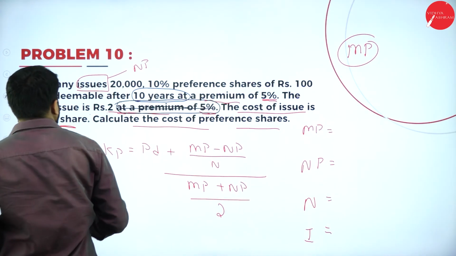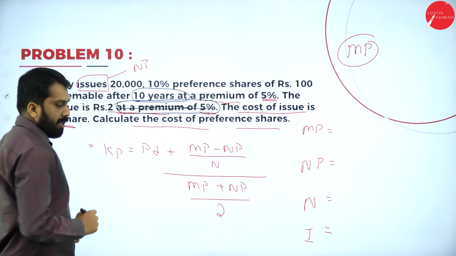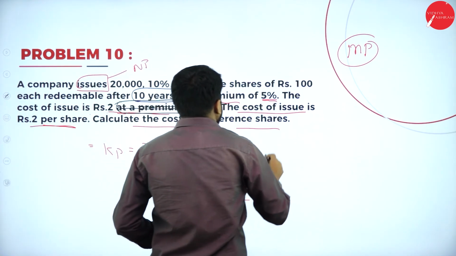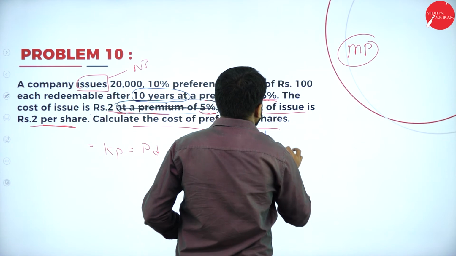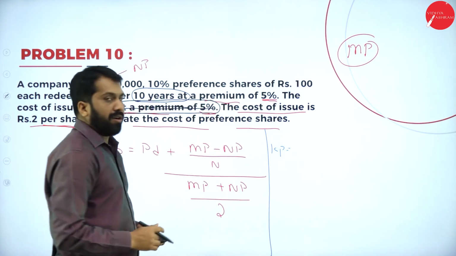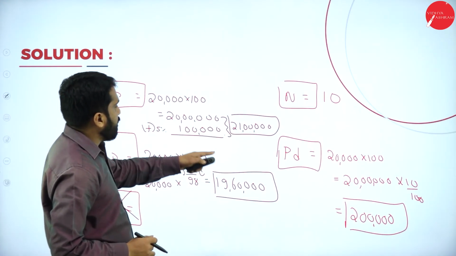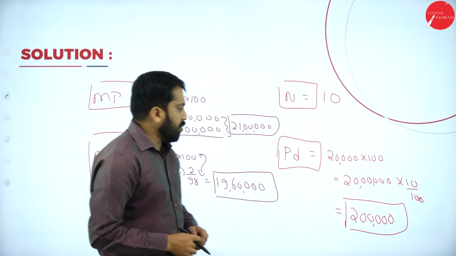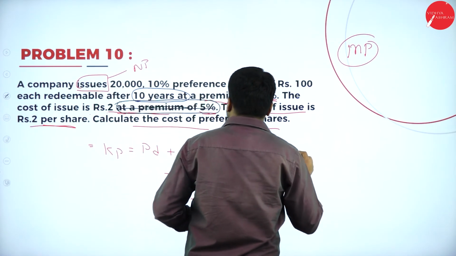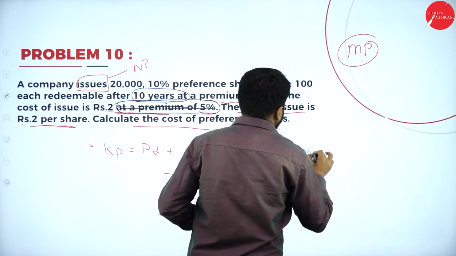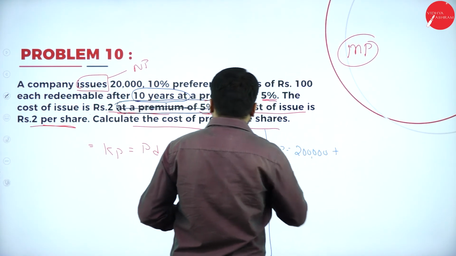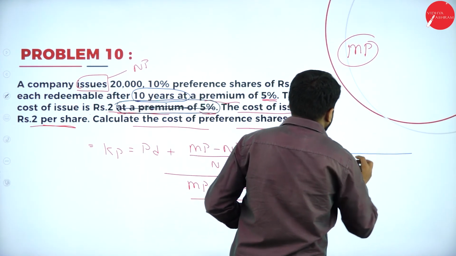I'll show you that. Now, as per the formula, KP is equal to PD. What is PD? We calculated. PD is 2 lakh, plus (MP minus NP) divided by number of years.